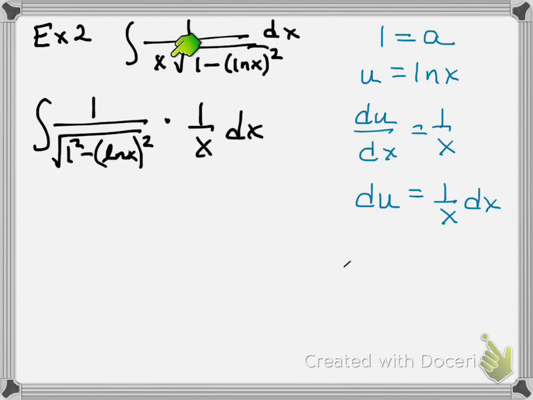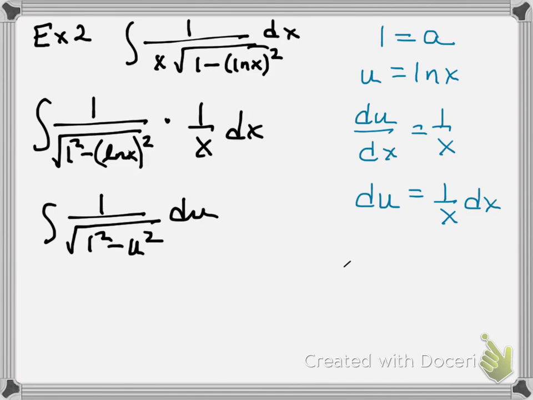So my 1 over x, I'm just putting out here with the dx so that it matches up with this. So all of this can be replaced with a du. This will be a u, and so now I'm going to have the integral of 1 over the square root of 1 squared minus u squared du. So now that is something that I can integrate.